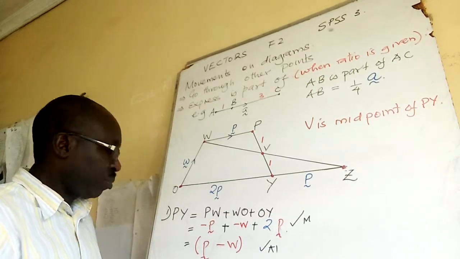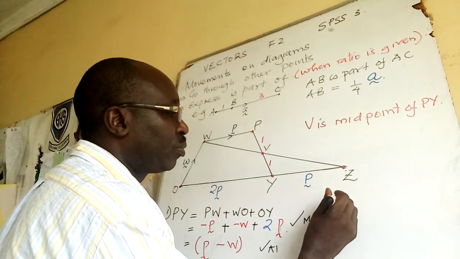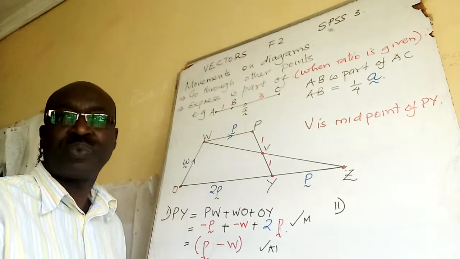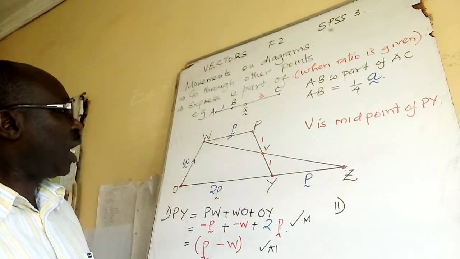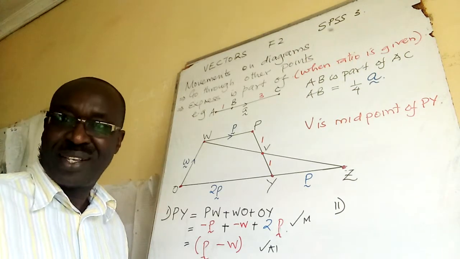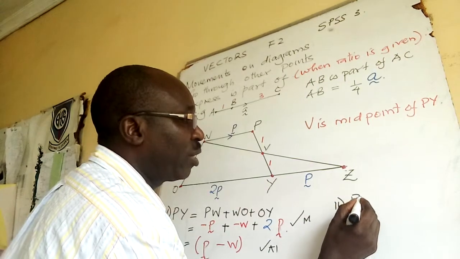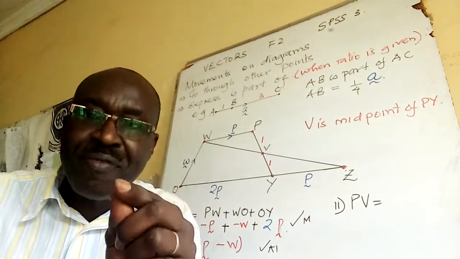Okay? Now, can we do number 2? We try number 2. I want us to try something else. Number 2, suppose I ask you PV. I ask you about PV.